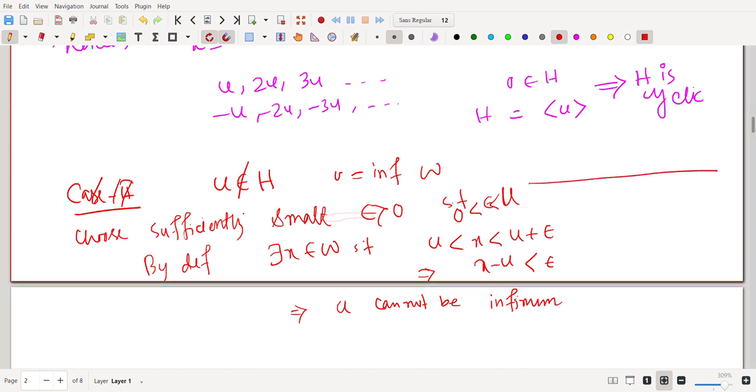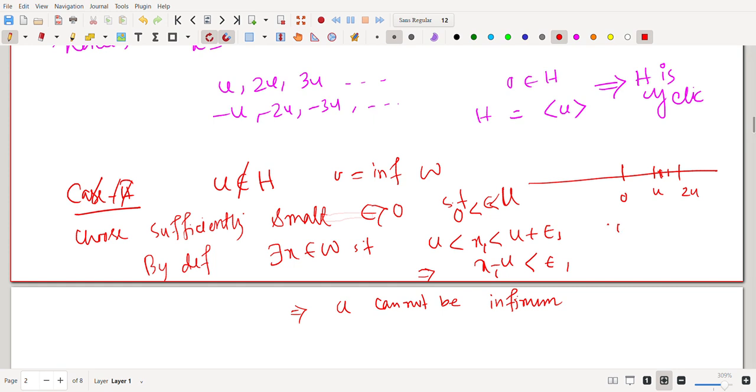By the same thing, if you take here 0, here U, here 2U, same thing. If you choose a sufficiently small epsilon, then you can always find an element here, and you can choose another element here, because you can vary epsilon. You can take epsilon 1, and for that you choose x1 here.